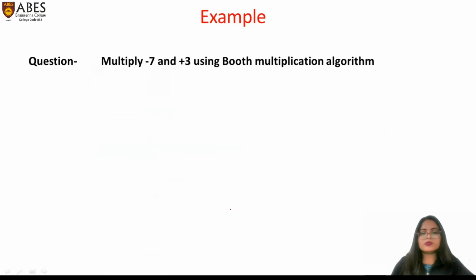Okay, so I'm going to show you how to use this multiplication algorithm for -7 and +3. So -7 here is M. We need to find the binary equivalent for it. So minus will be here, and +7 in base 10, for +7 we can say 0, 1, 1, 1.